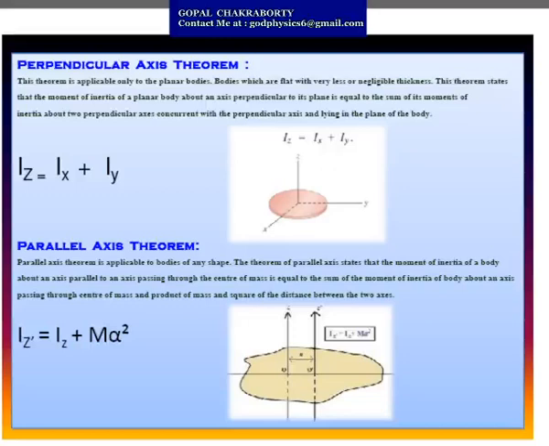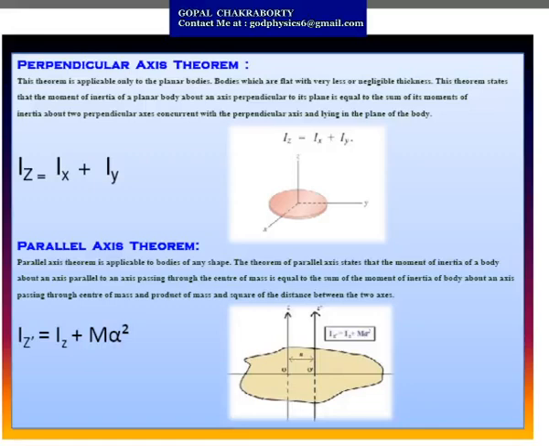This theorem states that the moment of inertia of a planar body about an axis perpendicular to its plane is equal to the sum of its moments of inertia about two perpendicular axes concurrent with the perpendicular axis and lying in the plane of the body. So here, the moment of inertia along the z axis equals the sum of the moments of inertia about the y axis and x axis.